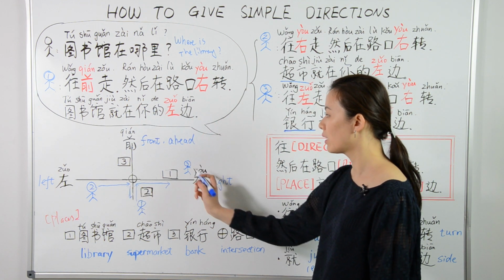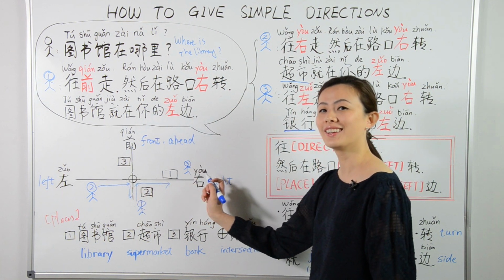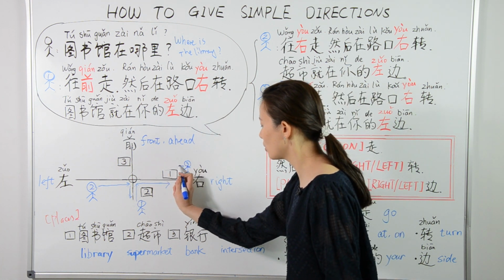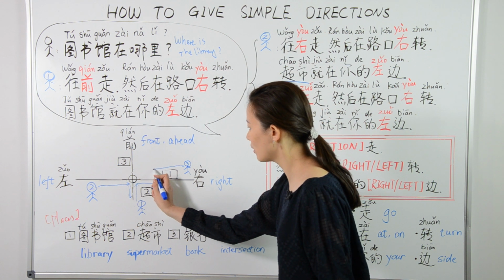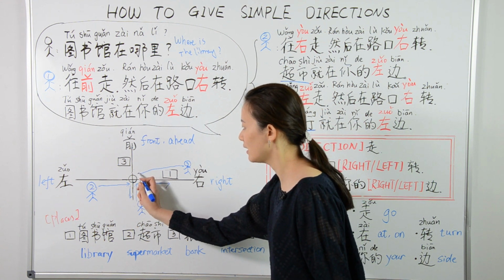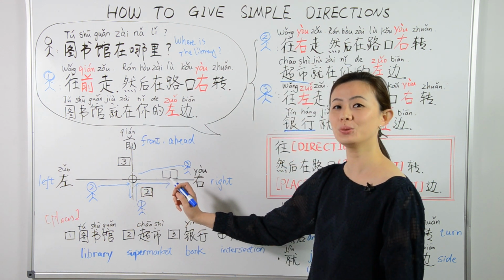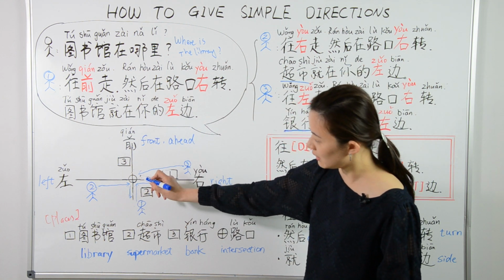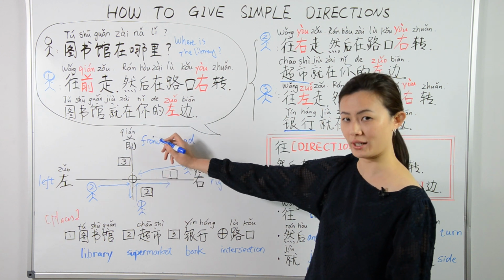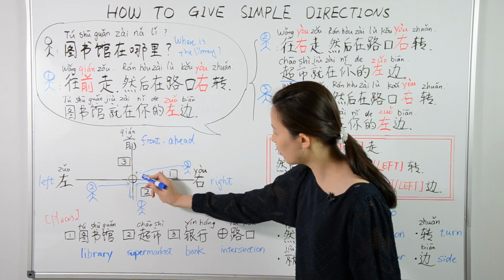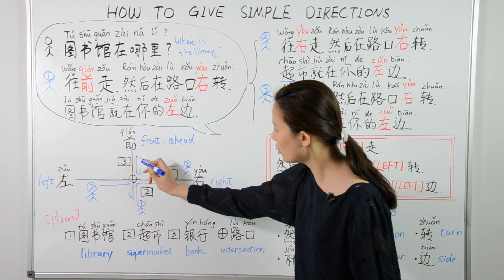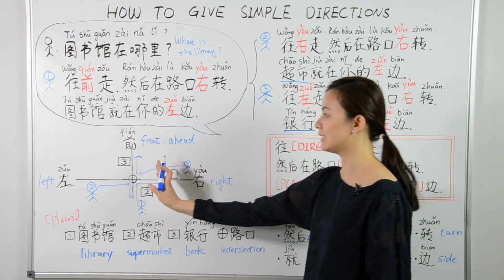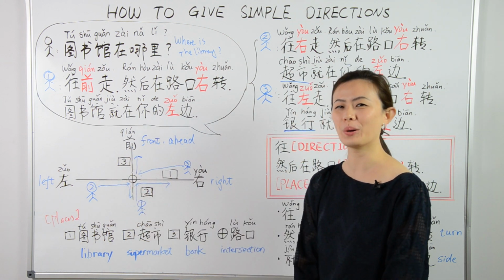First step, 往左走. He needs to go left. And he will also get to the intersection, 路口. 然后在路口 he needs to turn right. 然后在路口右转, and 银行就在你的左边.